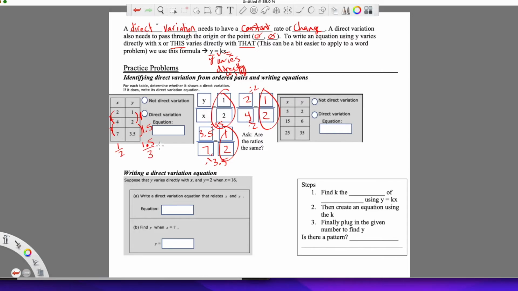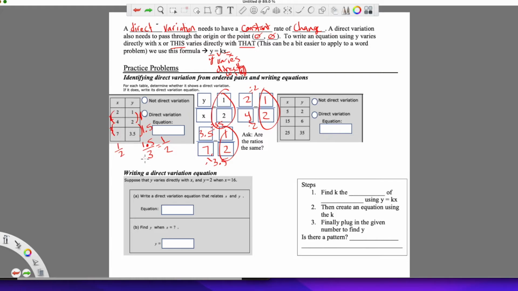So I can divide by 1.5 on both top and bottom, and I get 1.5 divided by 1.5 is 1, 3 divided by 1.5 is 2. So they do have a constant rate of change of that 1/2. So that still gets us the 1/2, but this is a little bit better description of the constant rate of change when we are comparing the actual change in the y's over the change in the x.